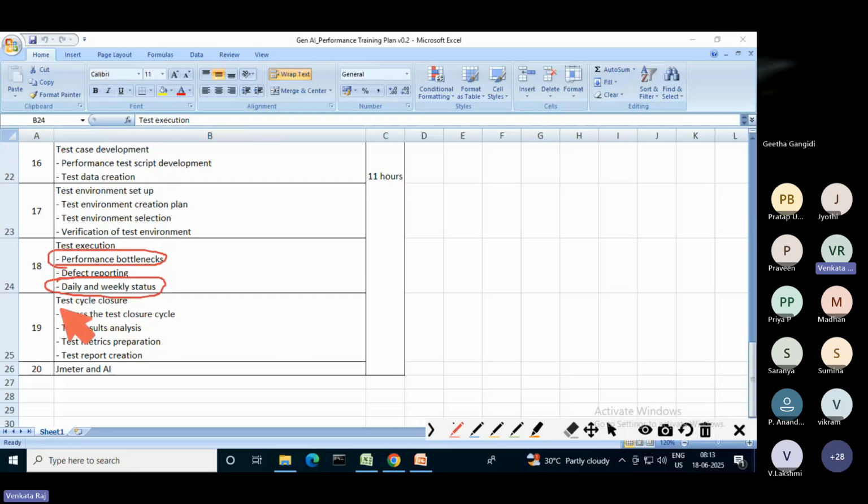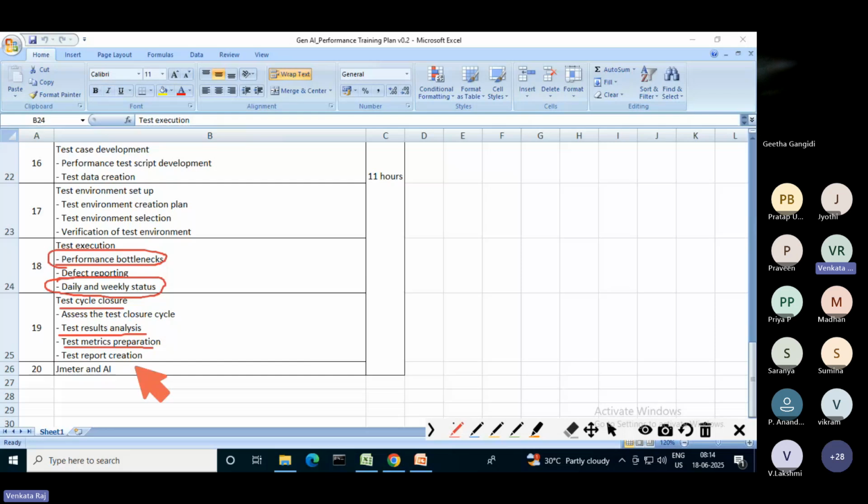Then, guys, test cycle closure. This is the last phase of the performance testing life cycle, where we can assess whether our test cycle can be closed. We can do the analysis of whatever results we got from the execution. Test metrics preparation: based on the results, we can prepare our performance test metrics with the help of AI.